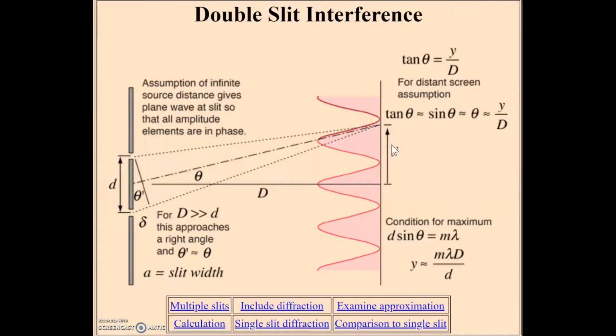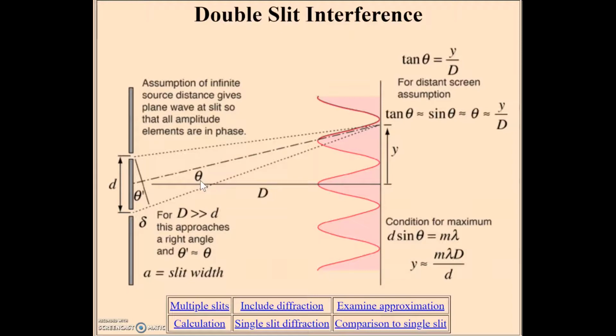You can figure out that the ratio between y and d is the same thing as sine of theta, because this angle theta is going to be very, very small in this case.